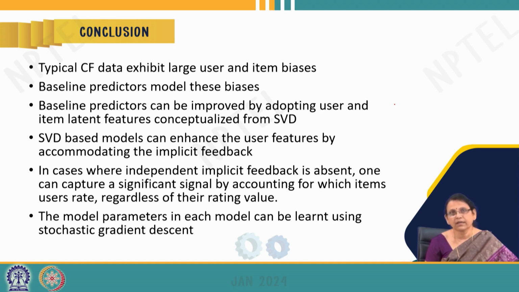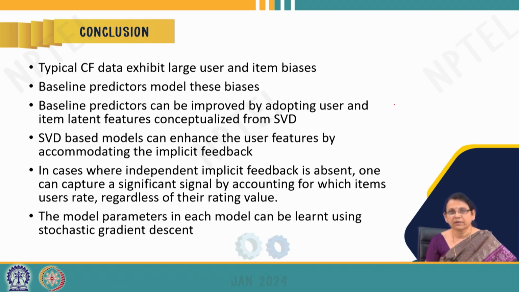It can be further enhanced by considering implicit feedback, and this implicit feedback can be derived from the rating matrix if it is not available from external sources, and if it is available, then it can be added to improve the model performance.